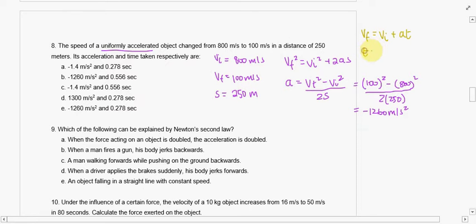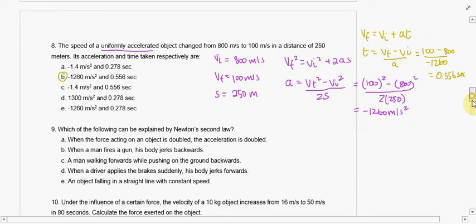So t is equal to Vf minus Vi over A. That's 100 minus 800, which will give me a negative number, over negative 1260, and I should have a positive time of 0.556 seconds. Alright, so my acceleration is negative 1260, time is 0.556, so let's see if I can see that here. There we go. Option number B.